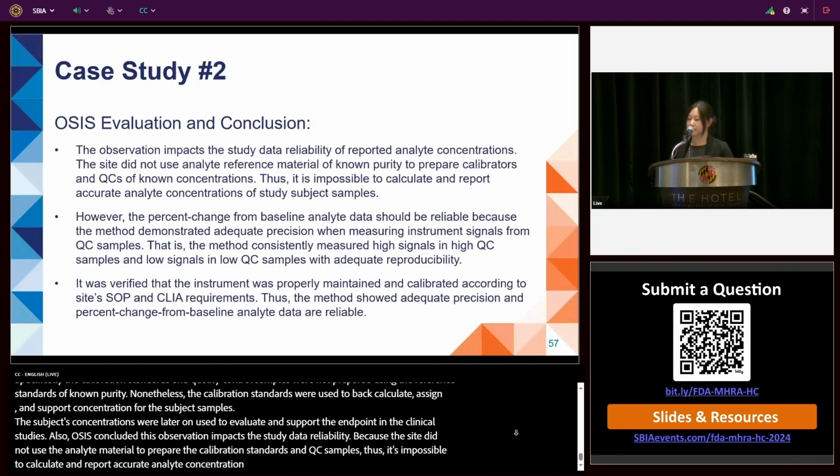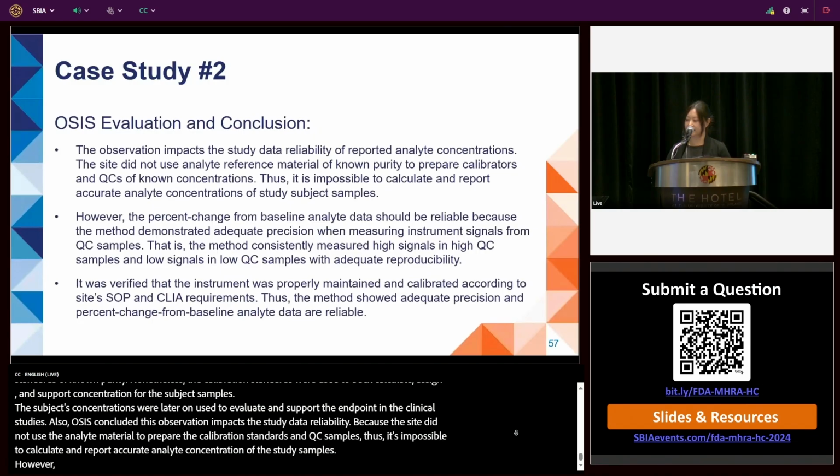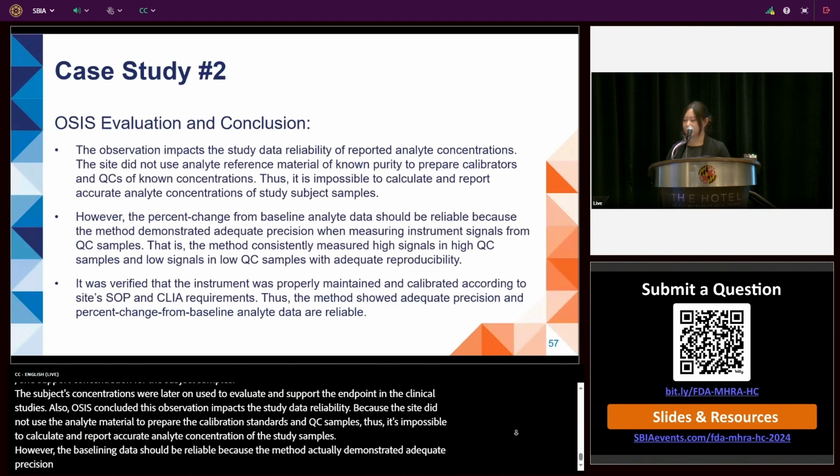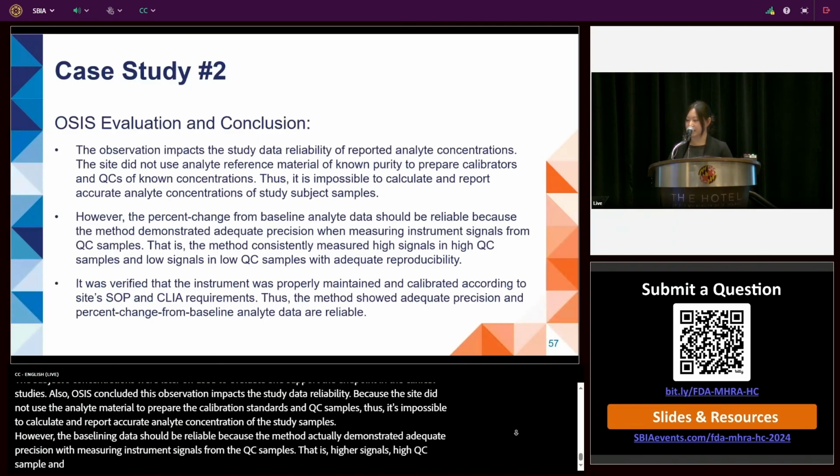However, the percent change from baseline analyte data should be reliable because the method demonstrated adequate precision when measuring instrument signals from the QC samples. That is, the method consistently measured higher signals in high QC samples and lower signals in low QC samples with adequate reproducibility.